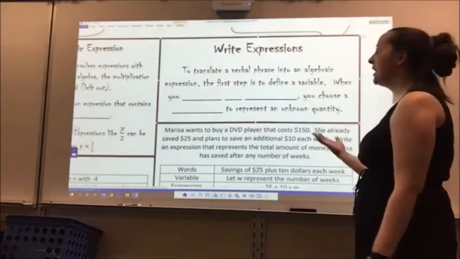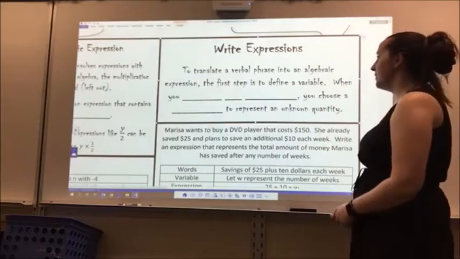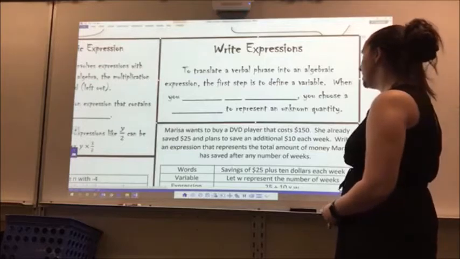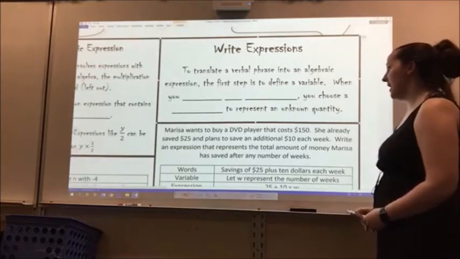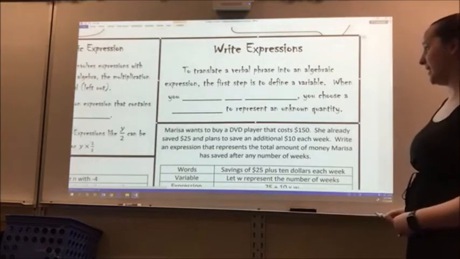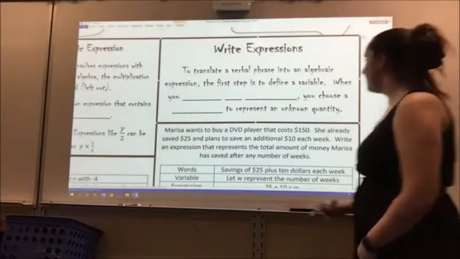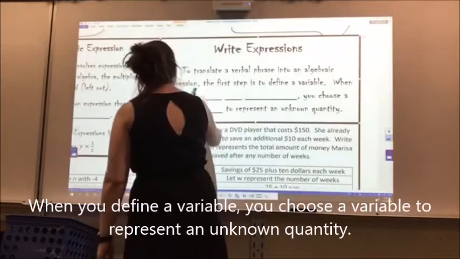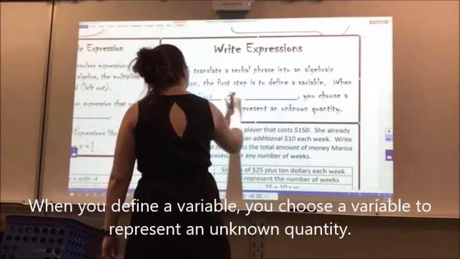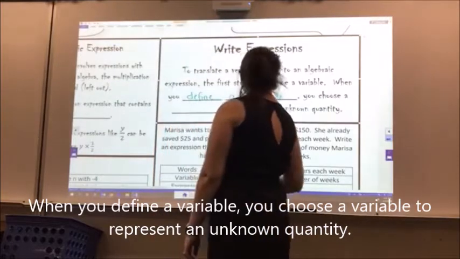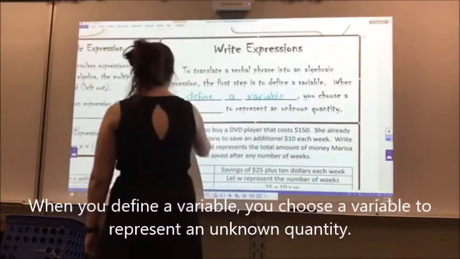All right, to translate a verbal phrase into an algebraic expression, the first step is to define a variable. When you define a variable, you choose a variable to represent an unknown quantity. In those blanks, you're going to write define a variable, and variable.